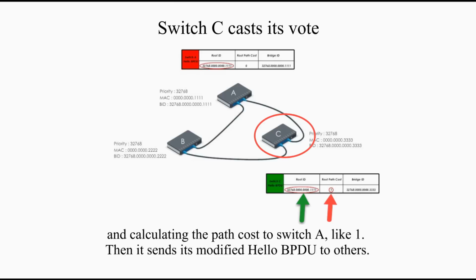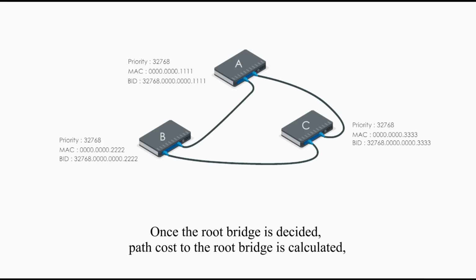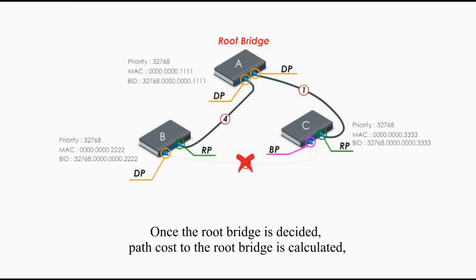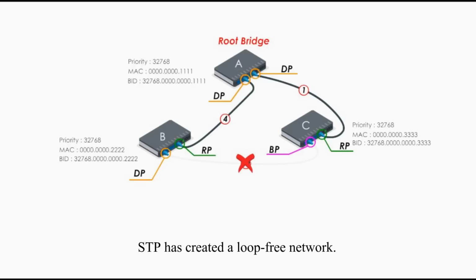Then it sends its modified Hello BPDU to others. This way, switches A, B, and C exchange their BPDUs again and agree that the root bridge should be switch A. Once the root bridge is decided, the path cost to the root bridge is calculated. Root ports, designated ports, and blocked ports are determined. STP has created a loop-free network.